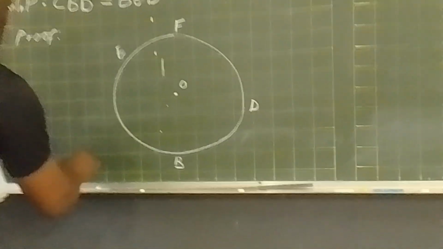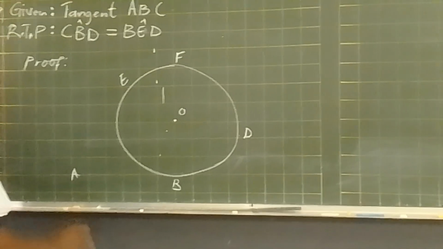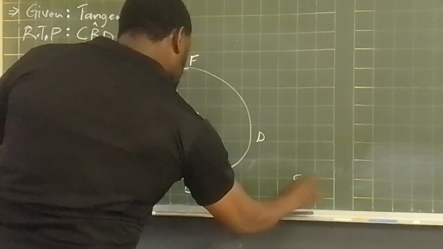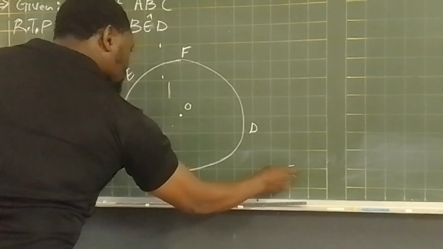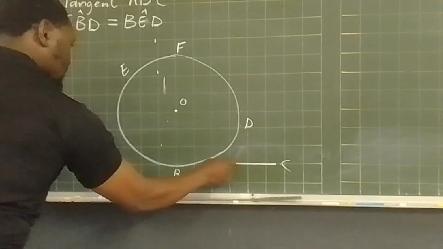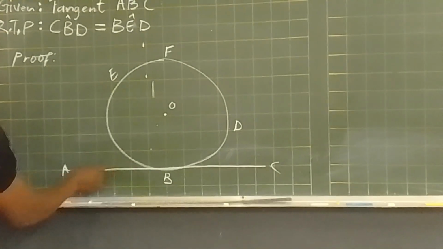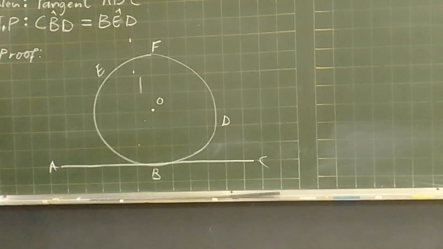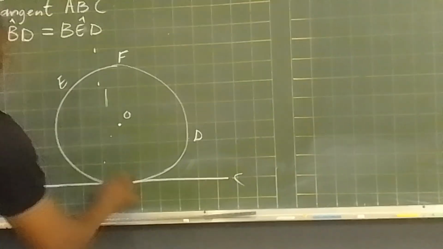Then you have A, B, and C as your tangent. Here is your tangent at point B.